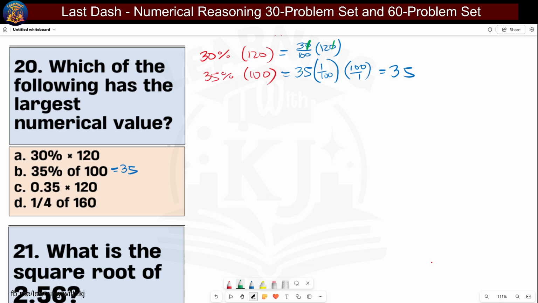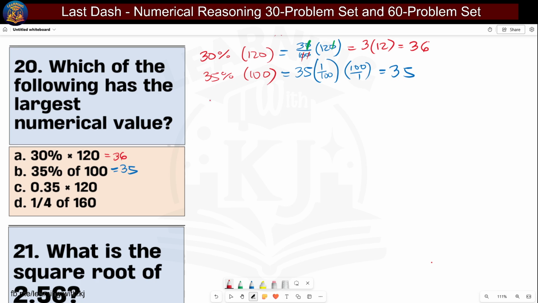And, meron dito sa baba, lagay ko na lang siguro ibang color. 1 0 here, 1 0 here. So, yan, sa denominator naman siya. So, natirang number, ano yan? Bakit ganun? Ang natirang number natin is equal to 3 times 12. Or, we have 36. Mas mataas siya. 36.